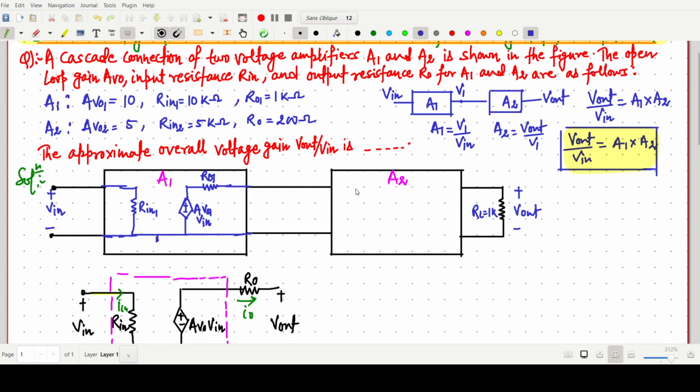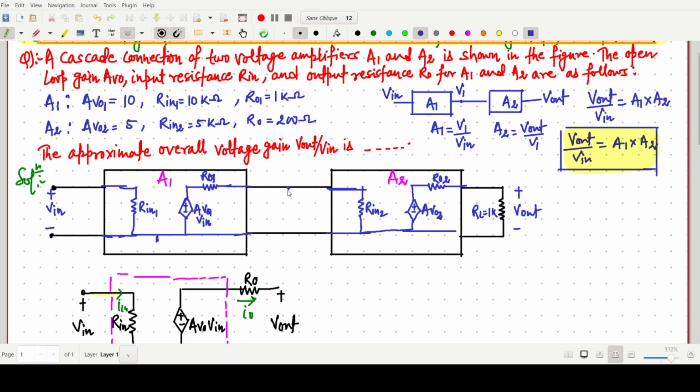Now for the amplifier A2, one can also draw R in, with plus or minus to connect. This one is our R naught 2, and this should be AV naught 2.